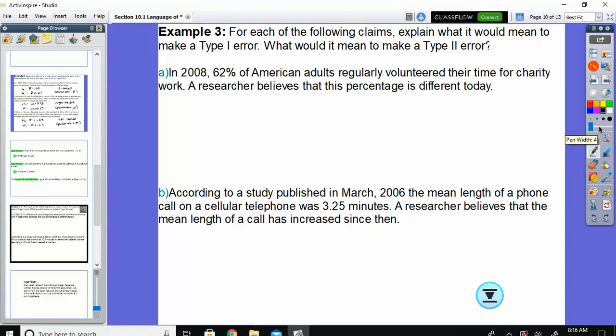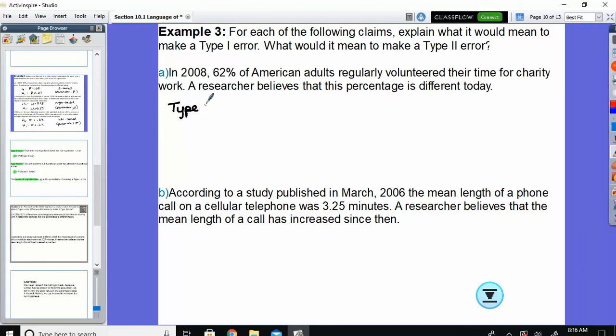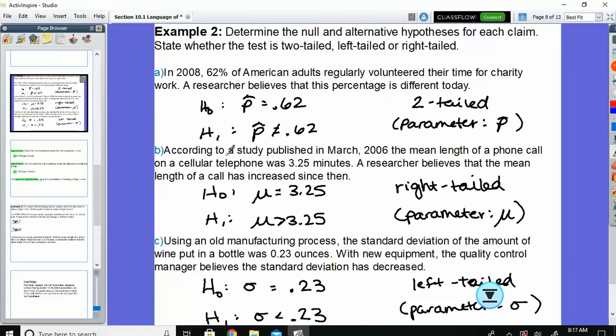All right. For each of the following claims, explain what it would mean to make a type 1 error and what it would mean to make a type 2 error. So we are going to just write sentences to explain these two errors. So in 2008, 62% of adult Americans regularly volunteer their time for charity work. A researcher believes that this percentage is different today. So we've already talked about the null and the alternative for that example.